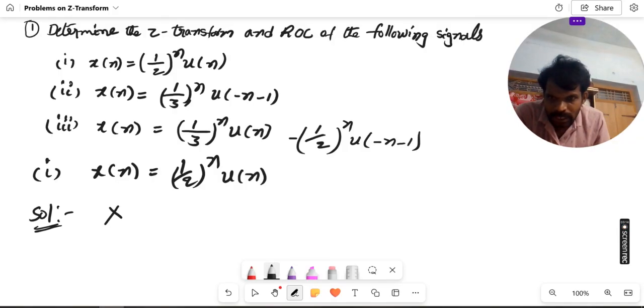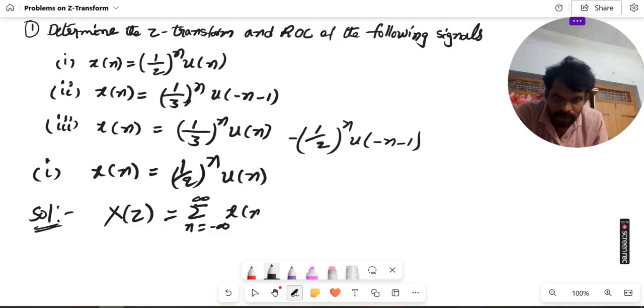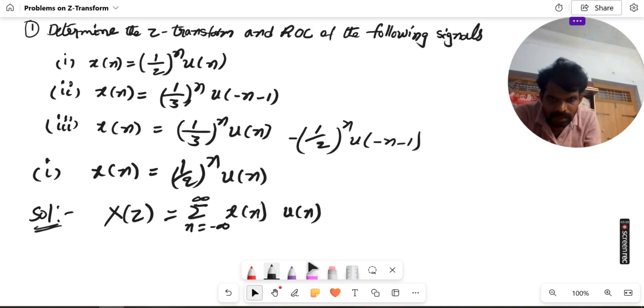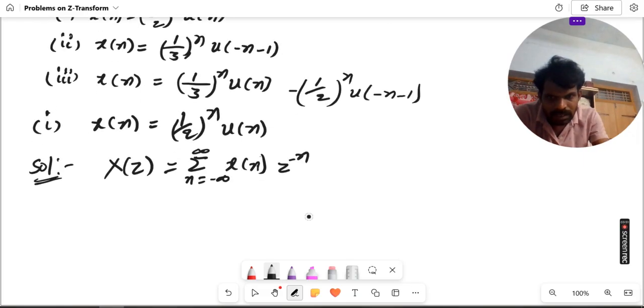You know that the Z transform equation is X of z is equal to summation n is equal to minus infinity to infinity x of n into z power minus n. It is a generalized equation.